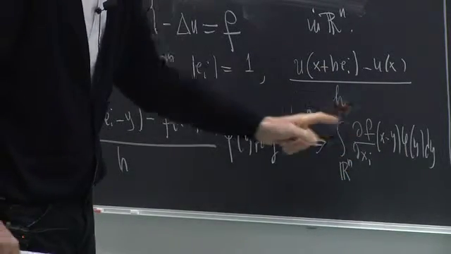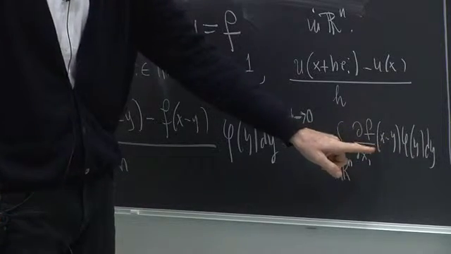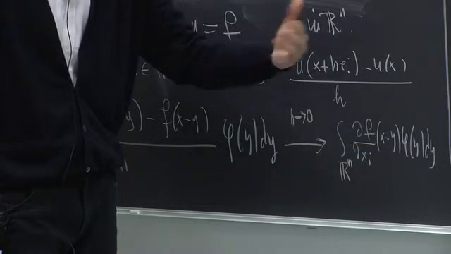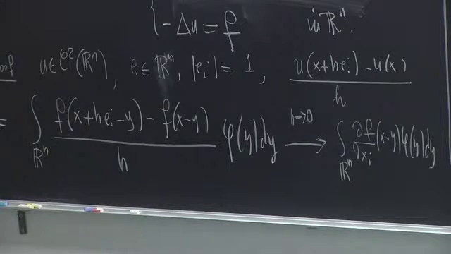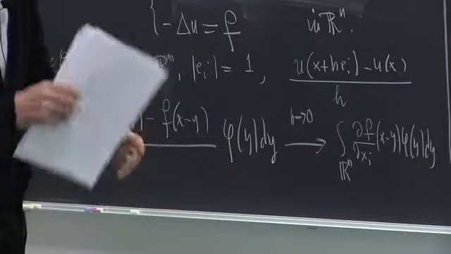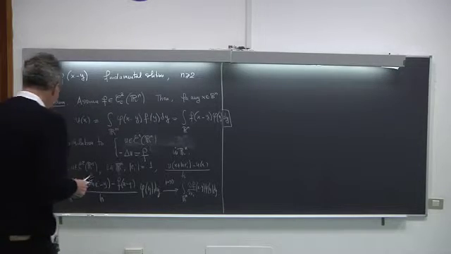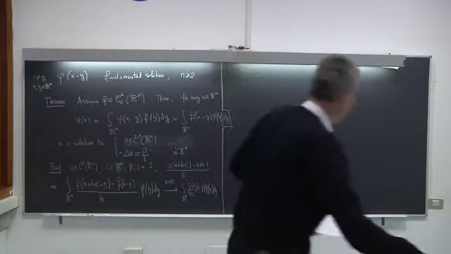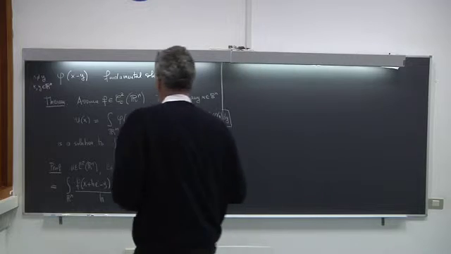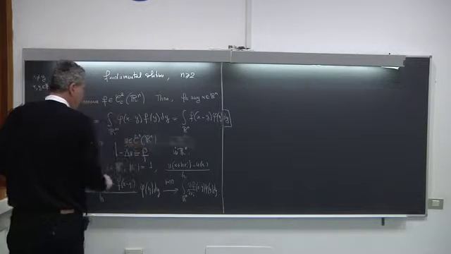But this function on the right-hand side is continuous with respect to x, etc. So this is the sketch of the proof. And you do this also for second derivatives and so on. Now, the regularity is okay.